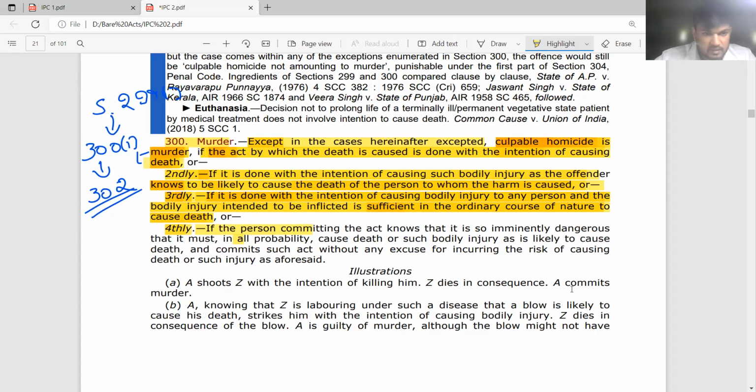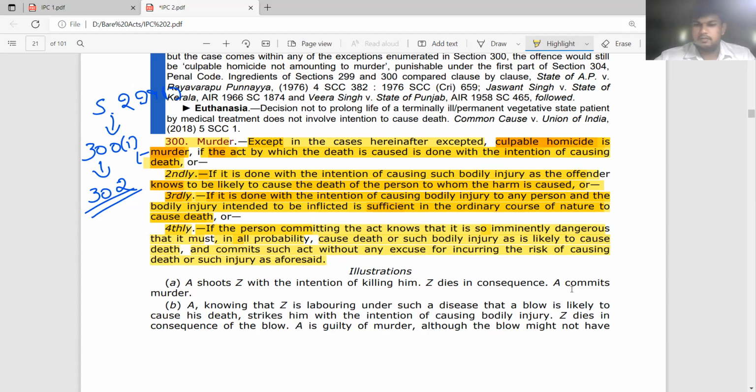Culpable homicide is murder, if the person committing the act knows that it is so imminently dangerous that in all probability it must cause death or such bodily injury as is likely to cause death, and commits such act without any excuse for incurring the risk of causing death or such injury as aforesaid.